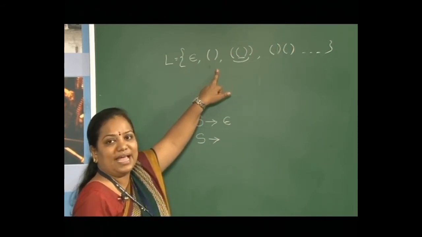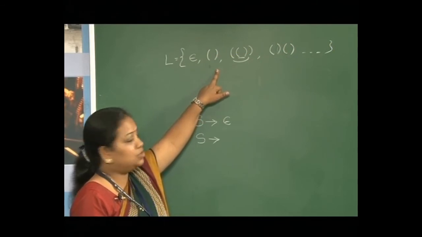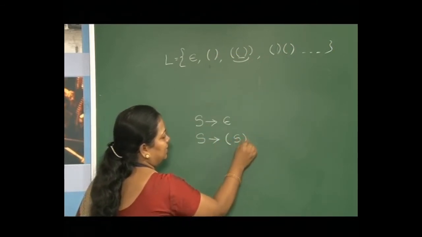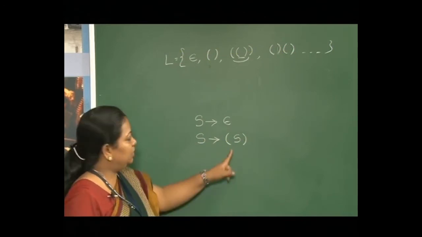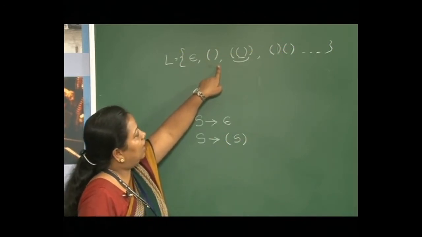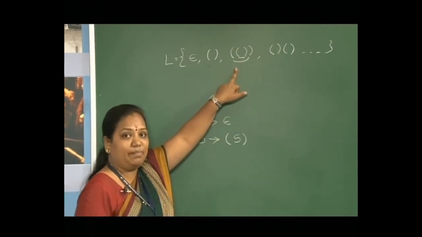It is the same as that of a raised to n, b raised to n, where first a must occur, then b must occur. So, what will we do? We will write a rule, opening parenthesis, S, closing parenthesis, which will satisfy opening and closing. And even this rule will satisfy nested parentheses.